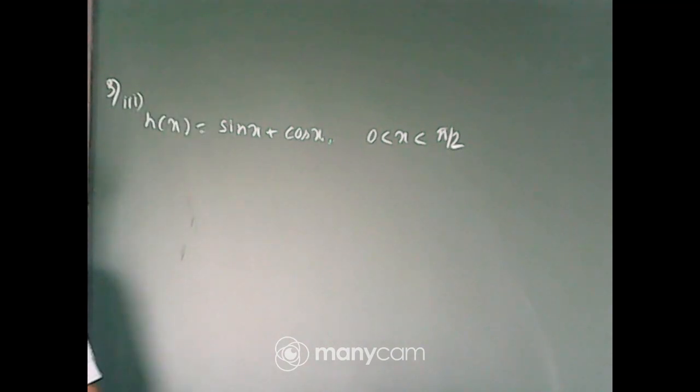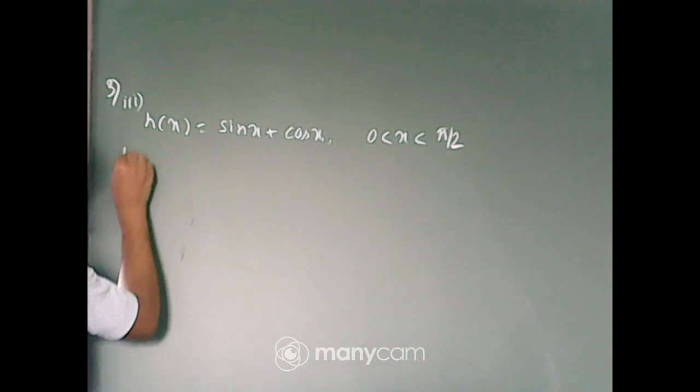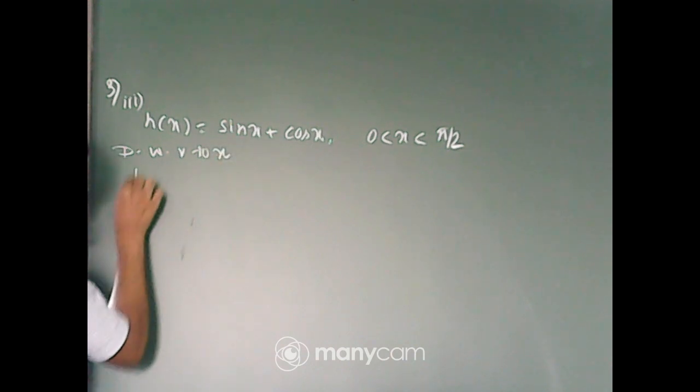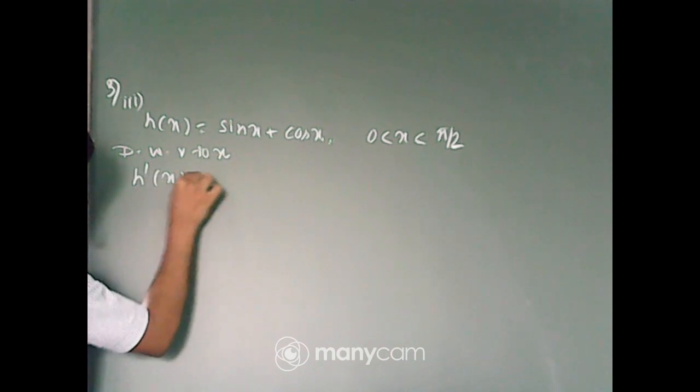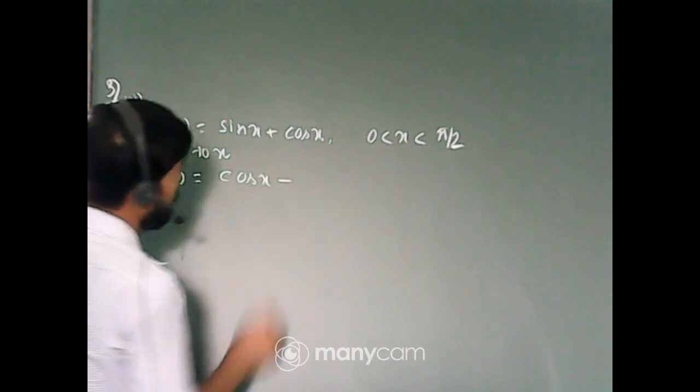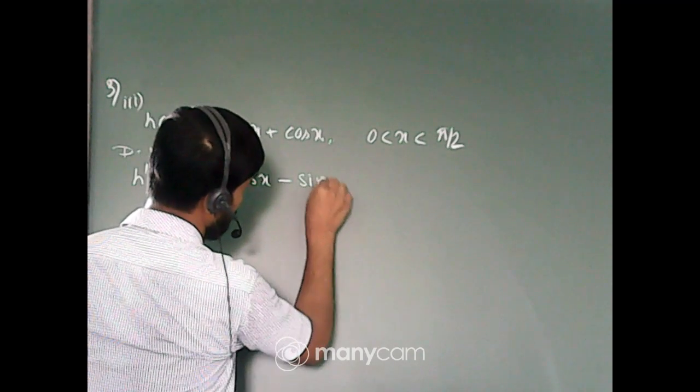Okay, the process is the same. Find the first derivative and then the second derivative of the function. Differentiating with respect to x, we have h dash x is equal to cos x minus sin x.